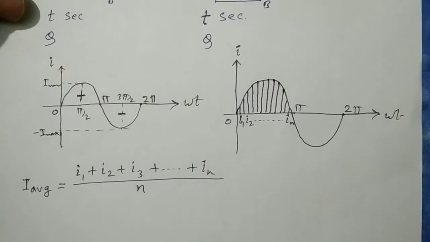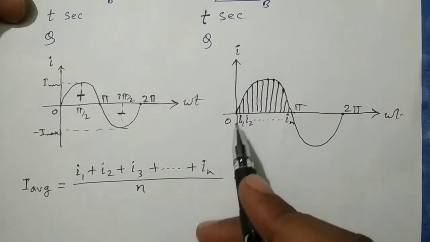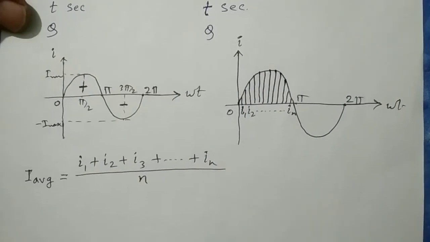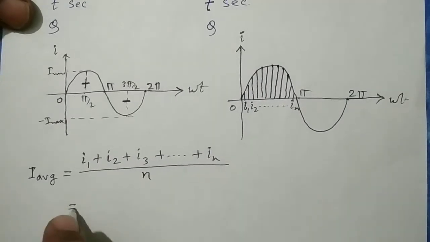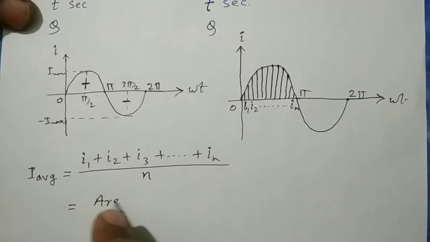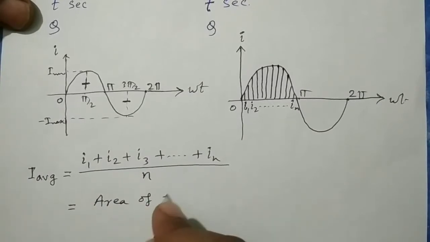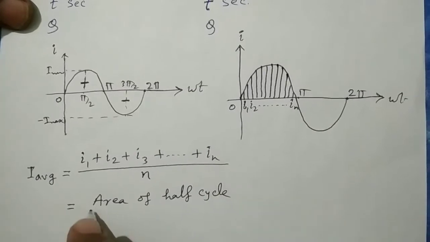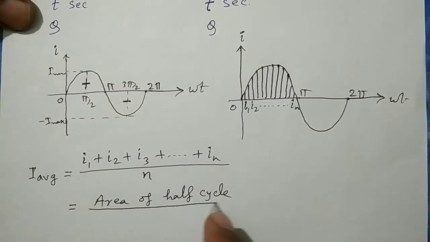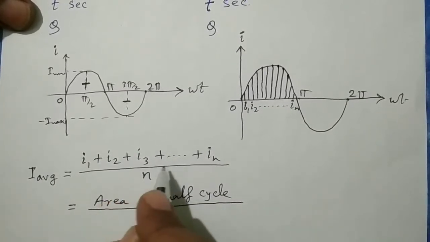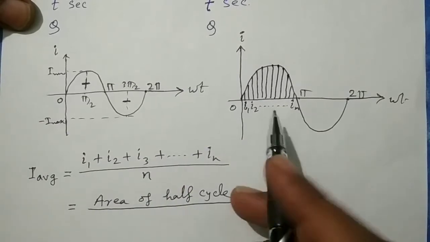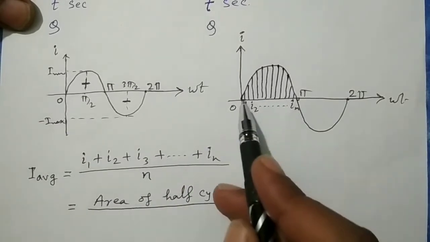Now, for this case, what is I1 plus I2 plus I3 up to In? It is nothing but the area of the positive half cycle. If we add all the currents I1 plus I2 plus I3 up to In, it will give us the area of the positive half cycle between 0 to pi.